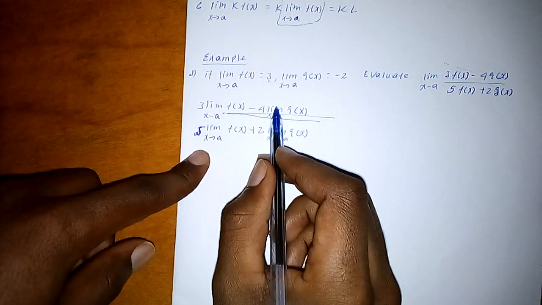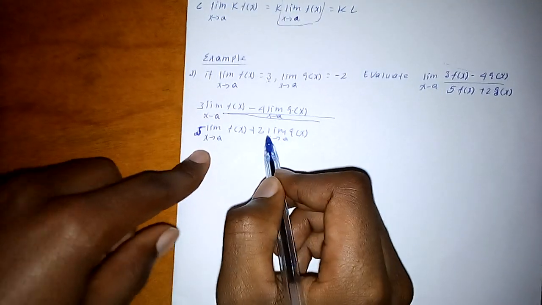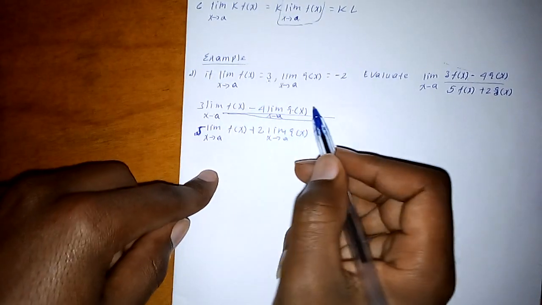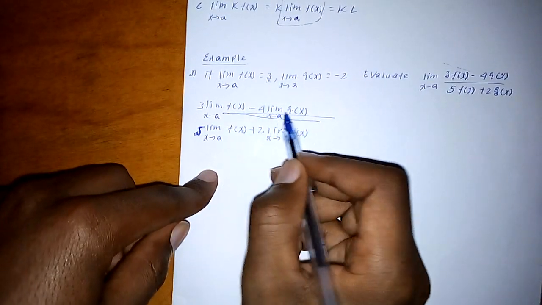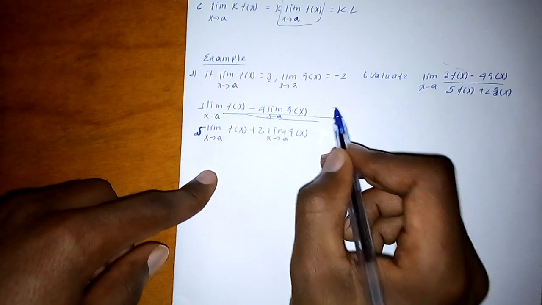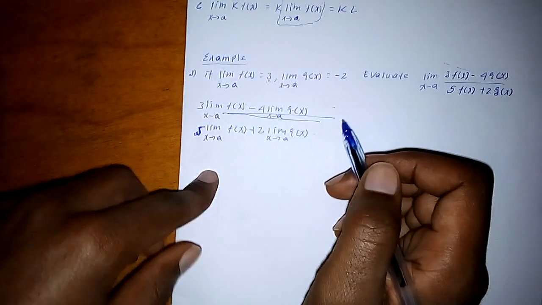Then this is the numerator, this is the denominator. So we can solve for both separately, for the numerator and for the denominator.